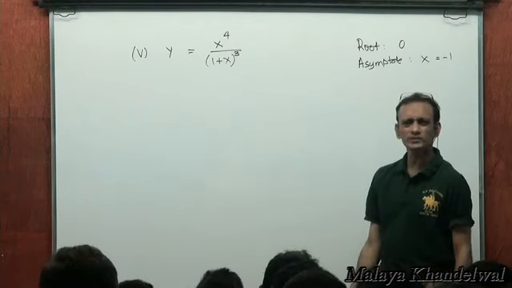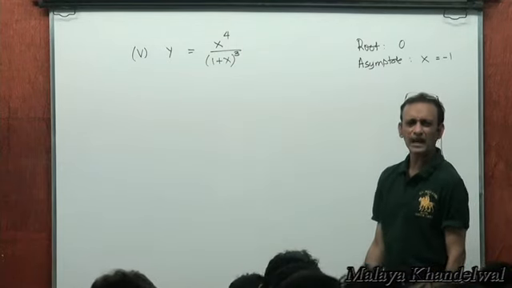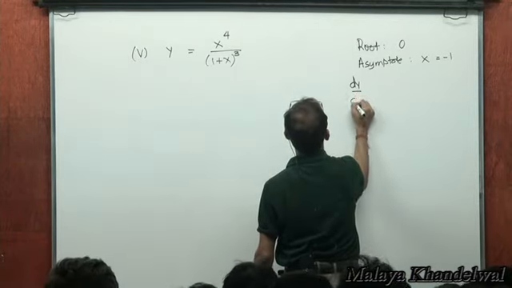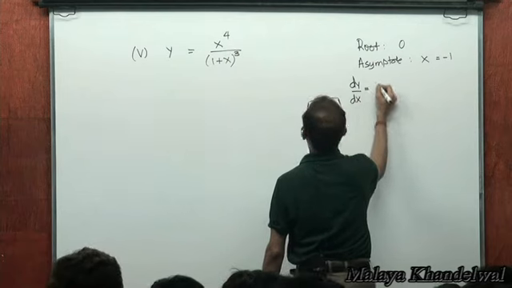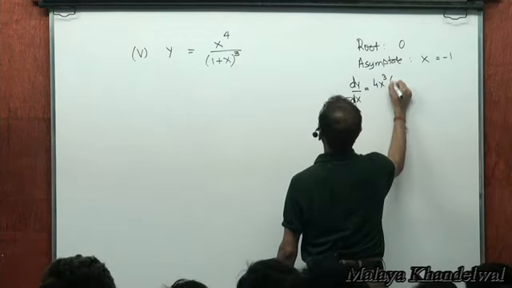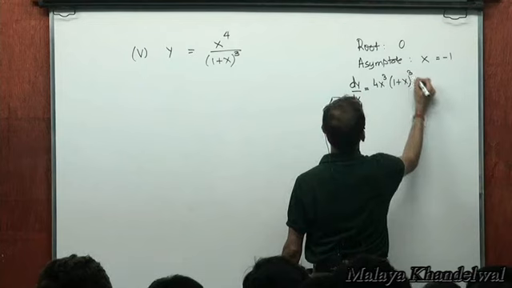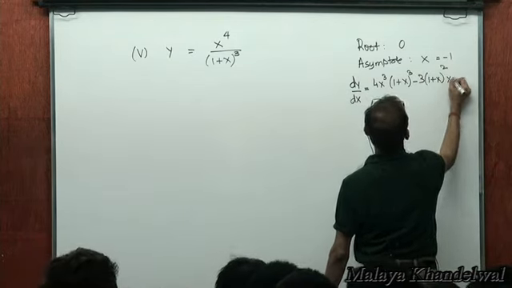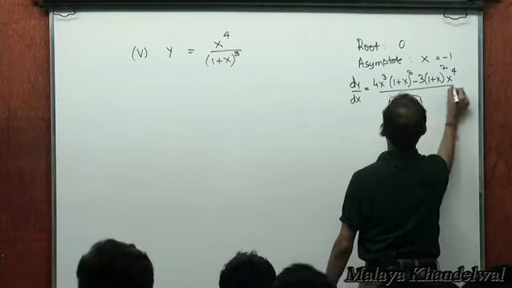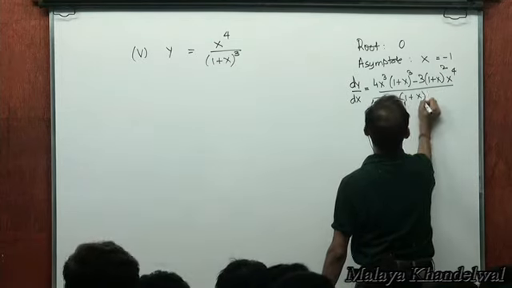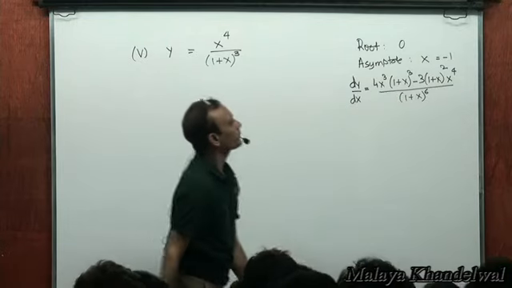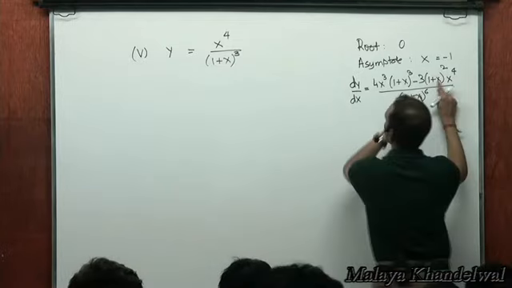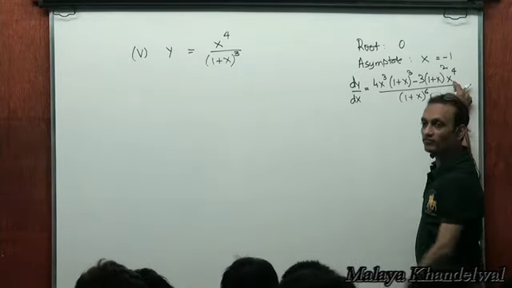Let's differentiate this with respect to x, right? And examine for x equal to 0. See, 4x cubed into 1 plus x whole cube minus 3 into 1 plus x whole squared into x power 4, isn't it?